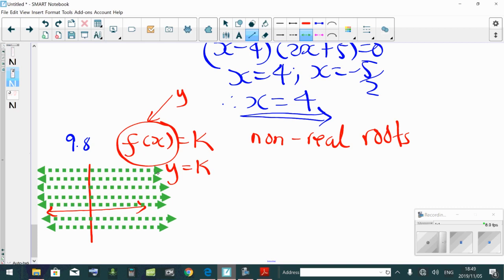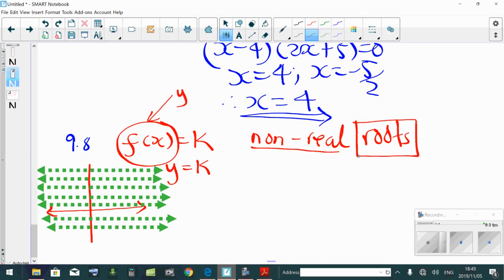Now the next thing that I want us to interpret is, what does it mean to have non-real roots? If we go back to nature of roots, non-real roots will be obtained when delta is less than 0. But we're not going to use this. The instruction is clear. Use the graph.